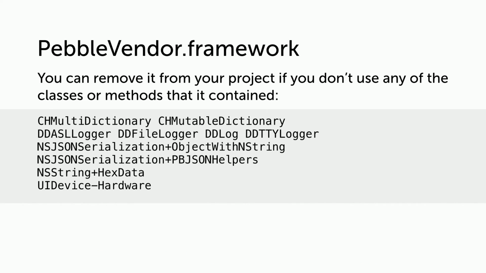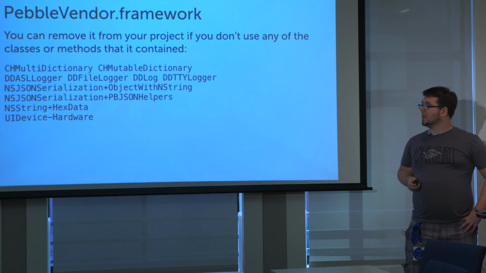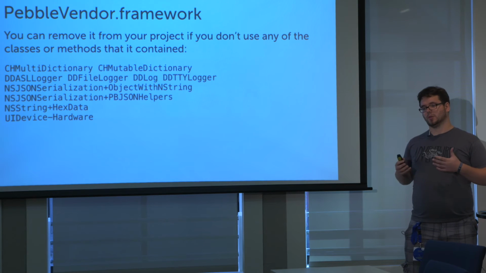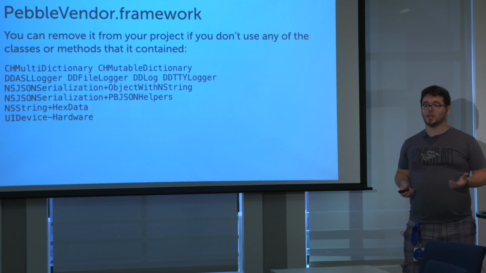In the last releases, there was some other framework called Pebble Vendor. We had some libraries like CocoaLumberjack in there, because we knew it might cause conflicts if you also use the same libraries. Even though we published the source, I guess nobody understood why we did this, and if you were using CocoaLumberjack, you had big issues.